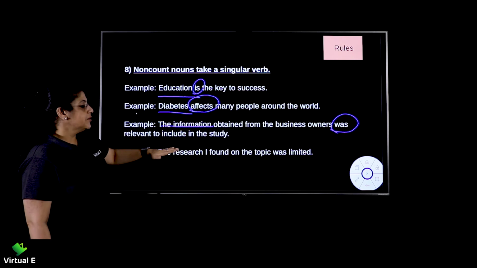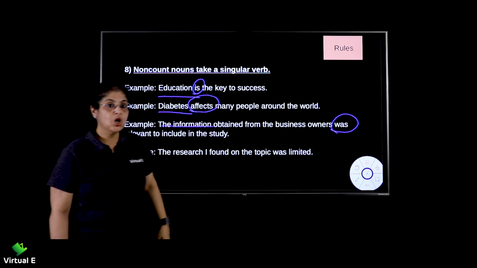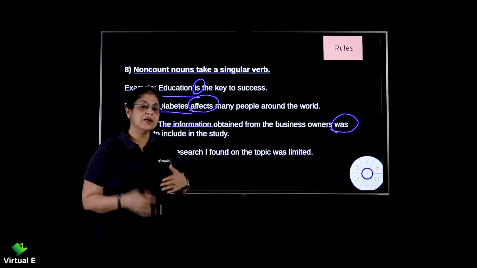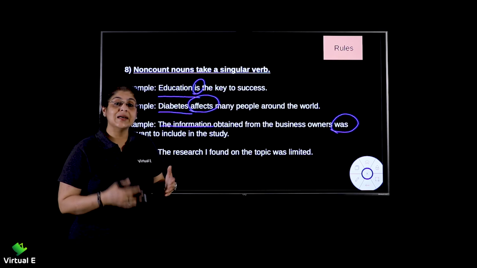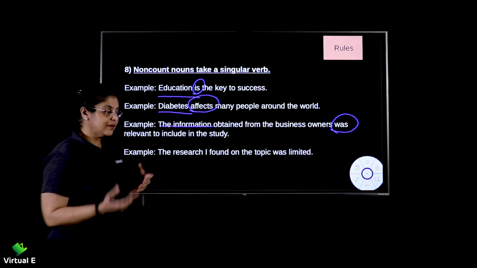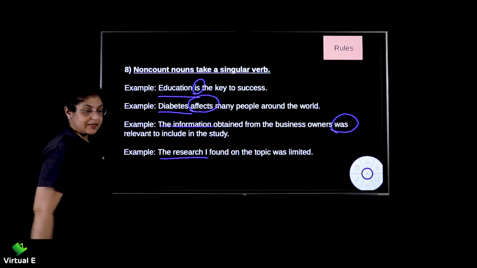To the last, research. The research I found on the topic was limited. Please remember, was, were, is, am, are, has, have, all these are also verbs, right? They are the helping ones, but yes, they are the main ones also at times.